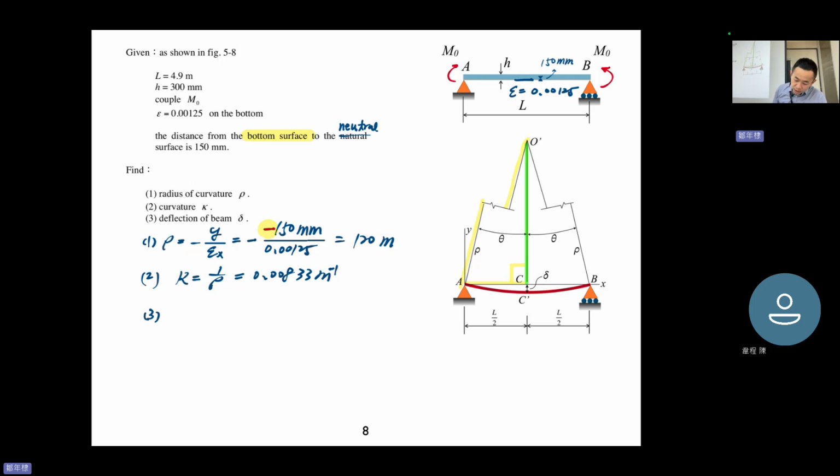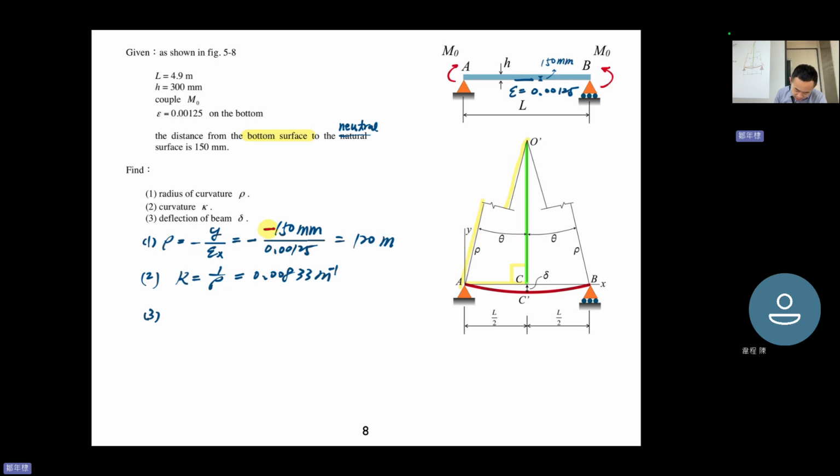Okay, so you see the yellow one, which is rho cosine theta. Okay, rho cosine theta. So you will see there's a theta as a triangle here.